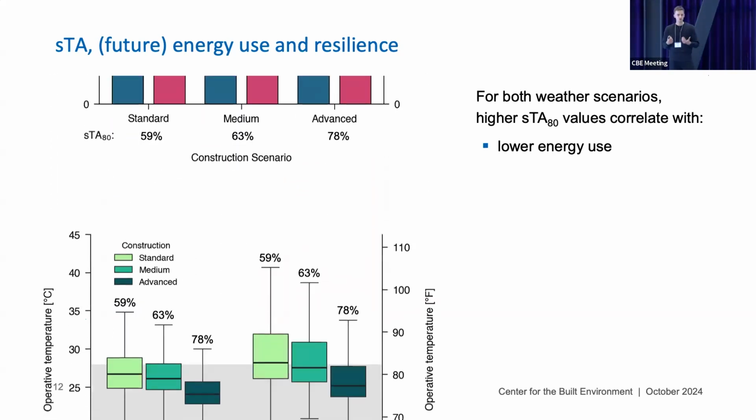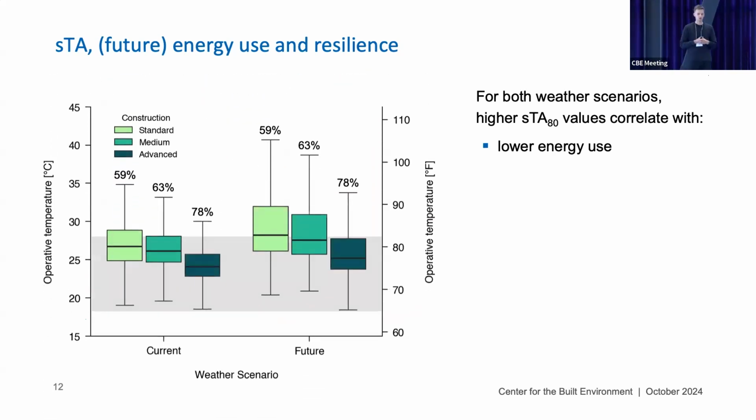Then we also wanted to look into a proxy for thermal resilience. So in this case, what we decided to use was the operative temperature distribution across the whole year. And here again, we are comparing the different construction scenarios with their individual STAs. And this is also pretty significant.